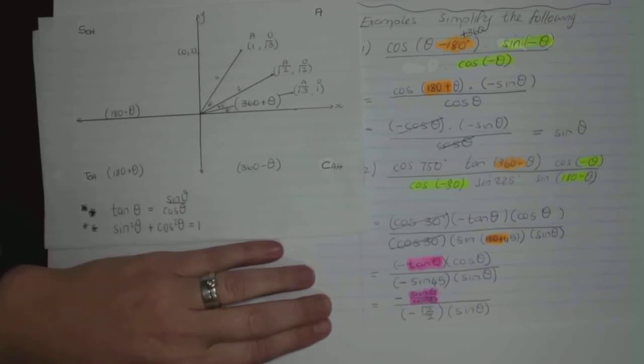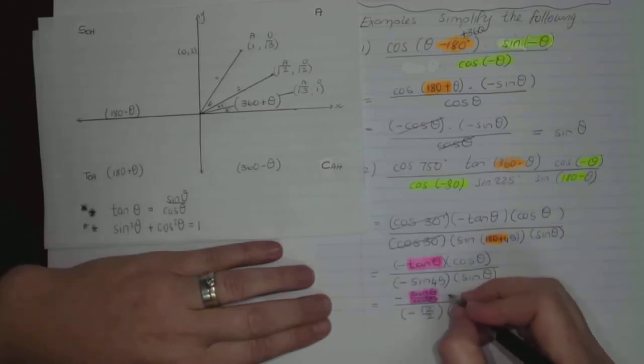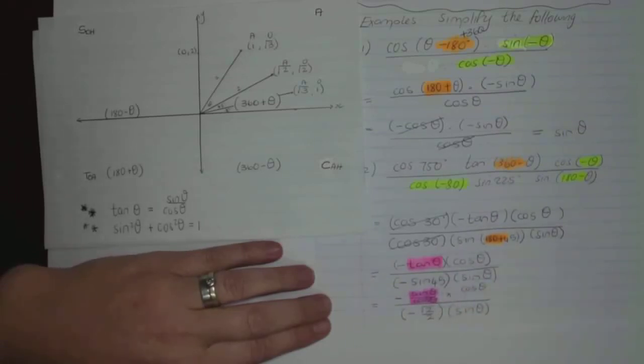You see what happened? Instead of tan theta, I wrote sine theta over cos theta, and that must be multiplied with cos theta. So what happens? Cos theta and cos theta cancel each other out.